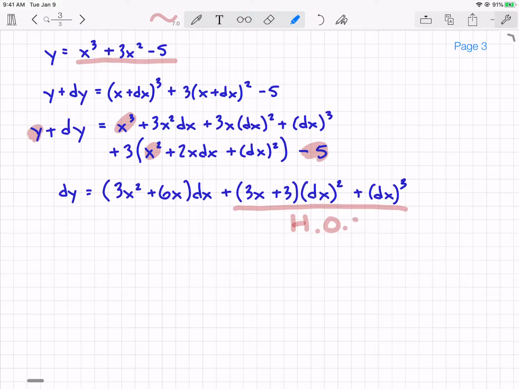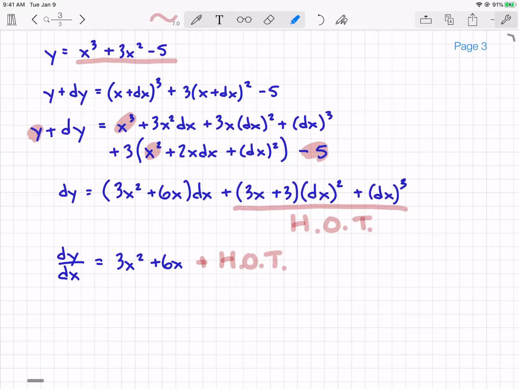What I like to call hot higher order terms. Their contribution to this differential is so negligible that we are able to neglect them. So I ultimately end up dividing by dx, and I get 3x squared plus 6x plus the higher order terms that I don't care about. And as we said before, we knew this is what we would get for our derivative.